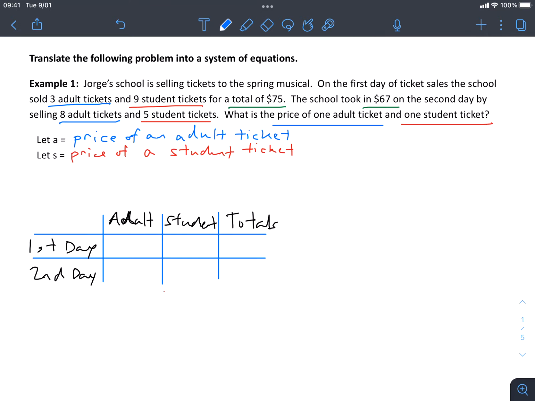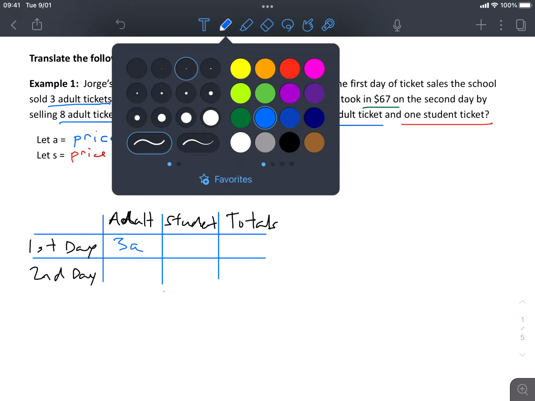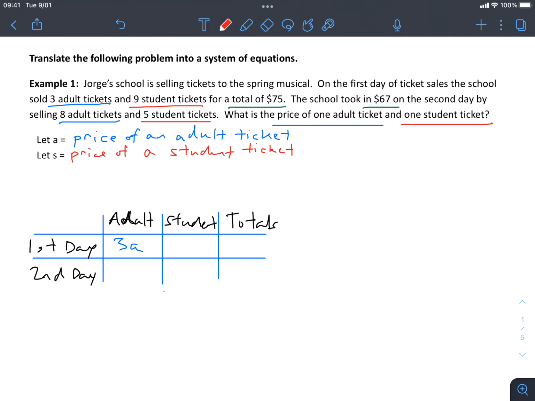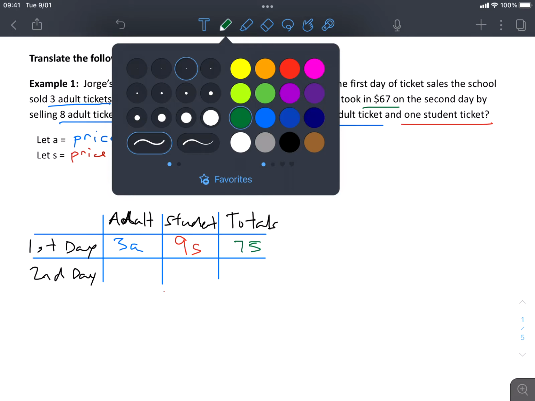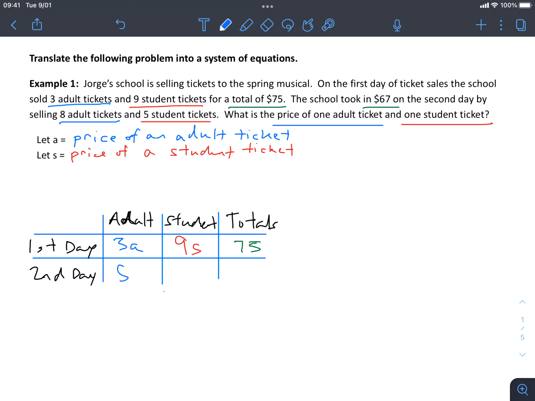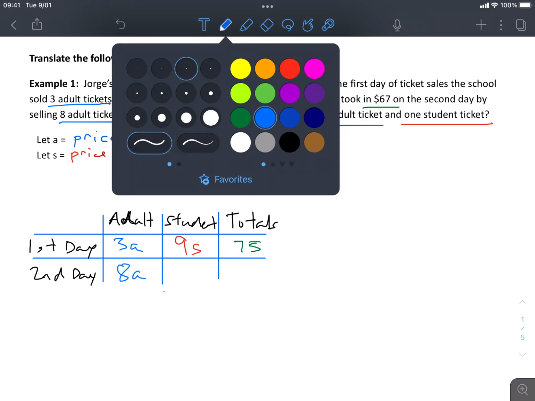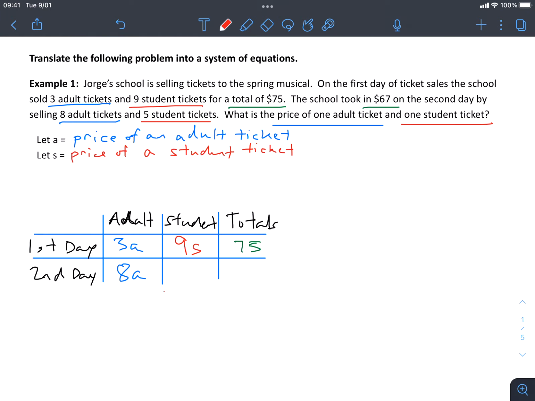So on the first day, we sold 3 adult tickets, or 3A, and 9 student tickets, or 9S, for a total of $75. And on the second day, we sold 8 adult tickets, and we sold 5 student tickets for a total of $67.